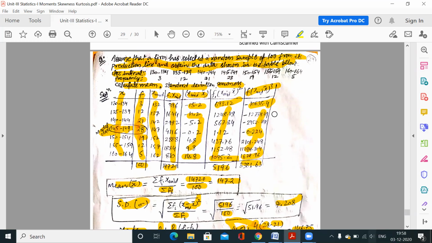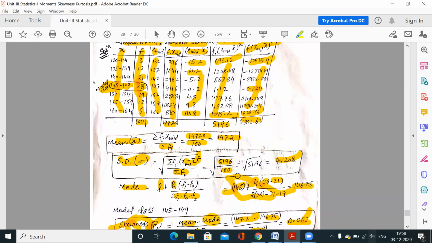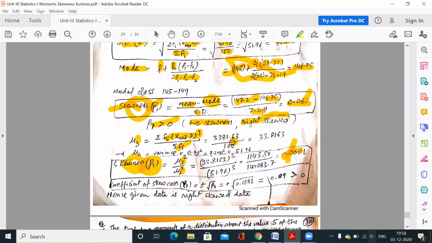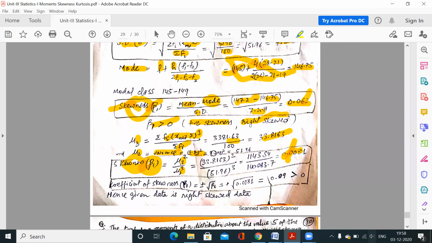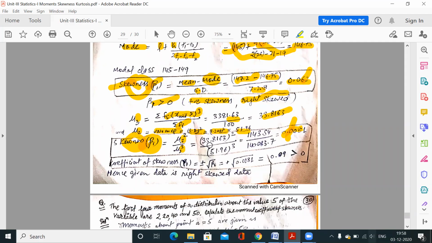So the sum is 3381.63, and here we get mu3 as 33.81. mu2 is the variance, and variance is the standard deviation square. The standard deviation is 7.208, so 7.208 square is 51.96. After substituting these values, we get 0.0081. Here also beta 1 is greater than 0, so we will say it is right skewed.